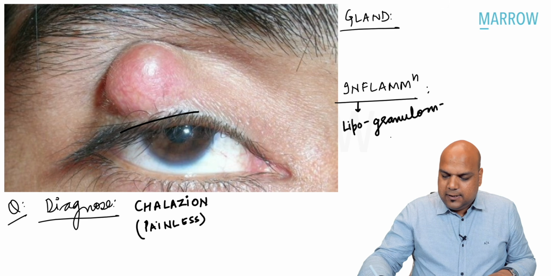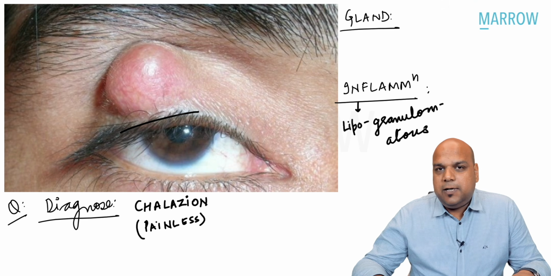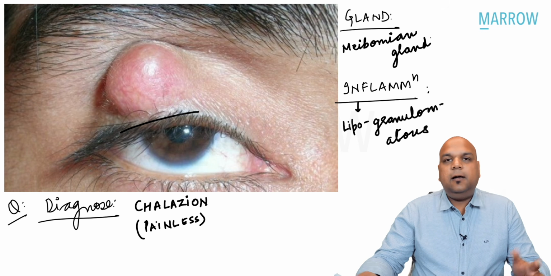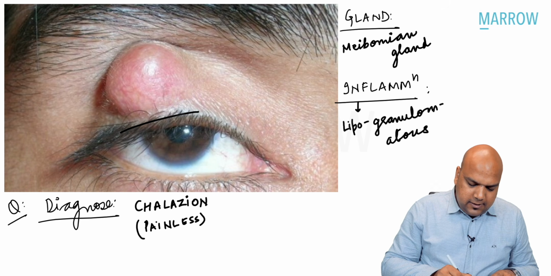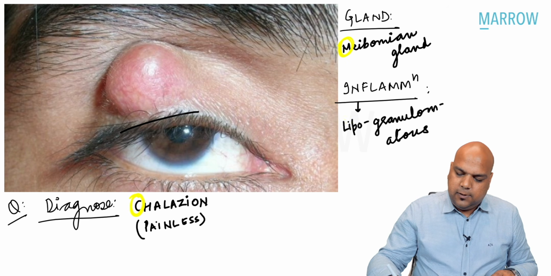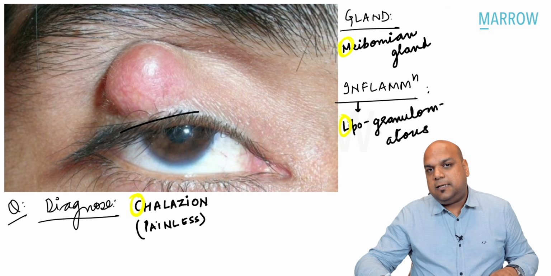It is a granulomatous disease like tuberculosis, like sarcoidosis, a chronic inflammation comprised of macrophages, right? And which gland is involved? Meibomian gland. We know all this, right, guys? Pretty simple condition to remember. As I say, if you want to remember it, you can say CML. C for chalazion, M for meibomian gland, and L for lipogranulomatous inflammation.